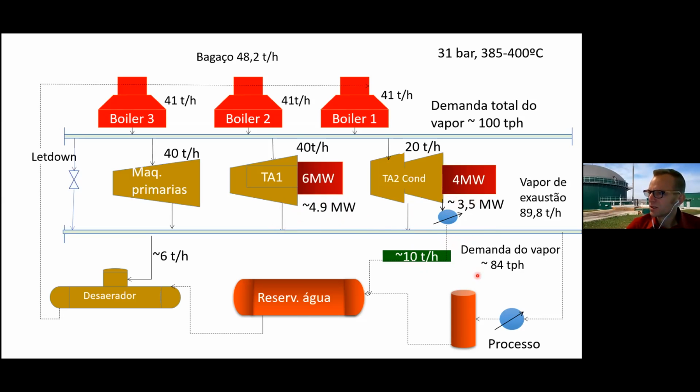So we know here that the total amount of steam that goes to the factory is roughly 84 tons per hour to the process, and then the condensate goes back to the cycle. And we know roughly what amount of electricity is being produced.